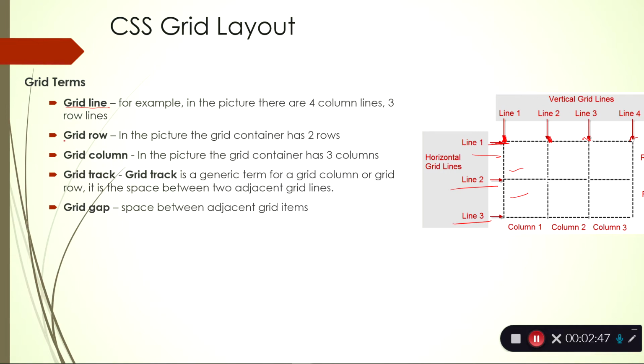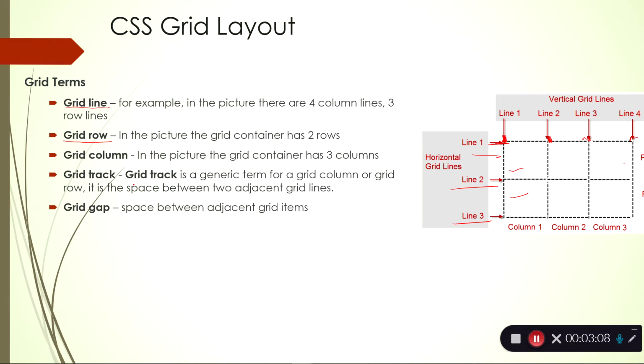The next one, grid row, which is pretty obvious. In the given picture there are 2 grid rows. Then grid column, which is also direct: in this picture we have 3 grid columns, 1, 2, 3. Then grid track.